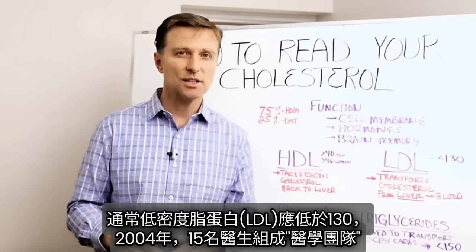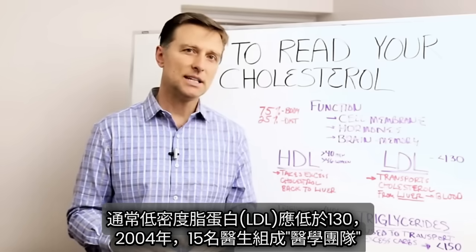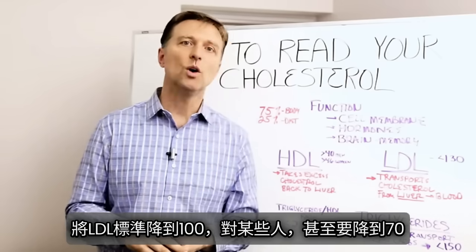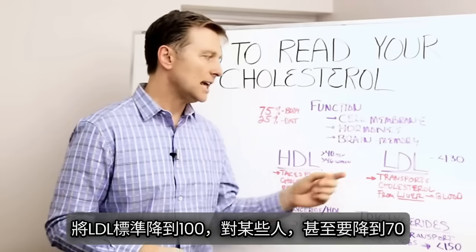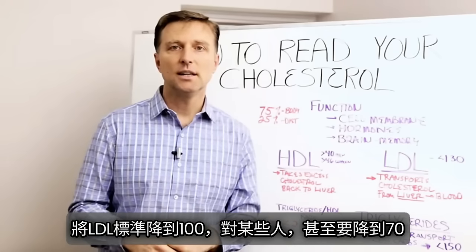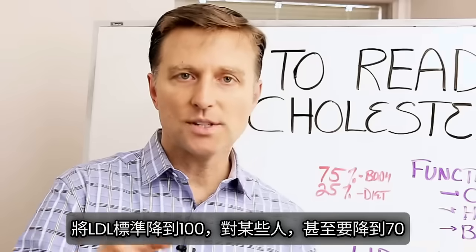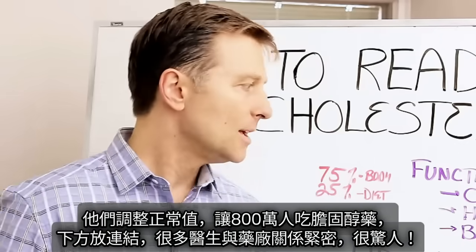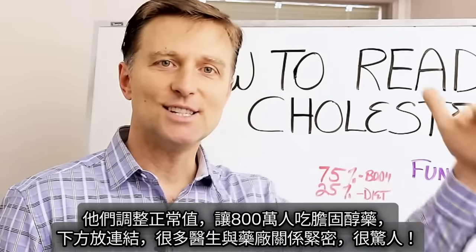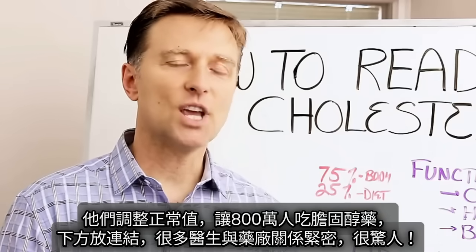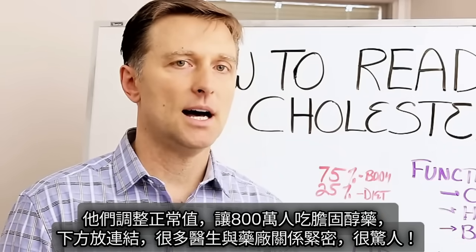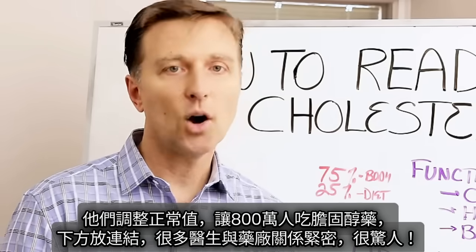Now, in 2004, a panel of 15 doctors basically decided to lower the LDL to 100, even as low as 70 for certain people that have risk factors, okay? So what they did is they adjusted the numbers, they changed the normal values and put 8 million people on cholesterol medication overnight.